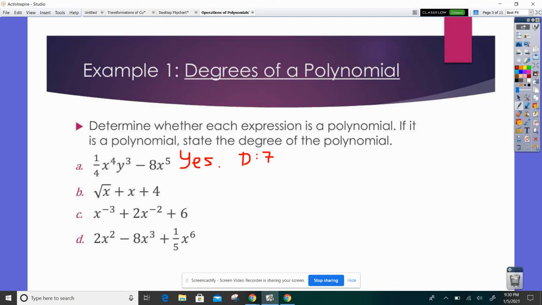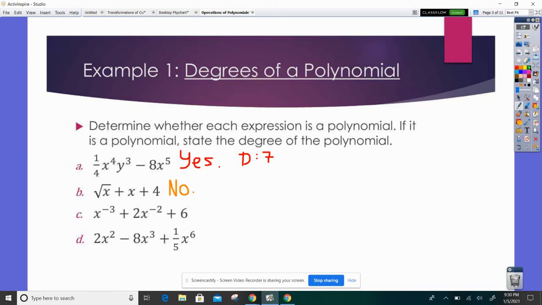Okay, the next example, example B, says the square root of x plus 4. Because the square root of x is not technically a non-negative integer exponent, it's to the power of 1/2, it is not a polynomial. So no, it's not a polynomial. Since it's not a polynomial, we are not going to find a degree for it.